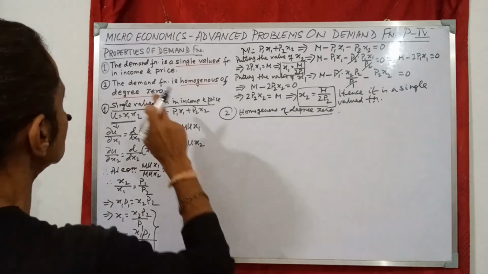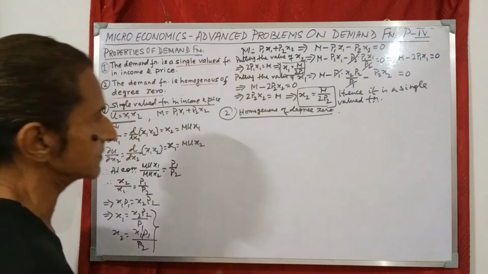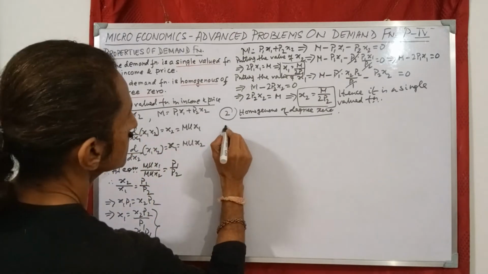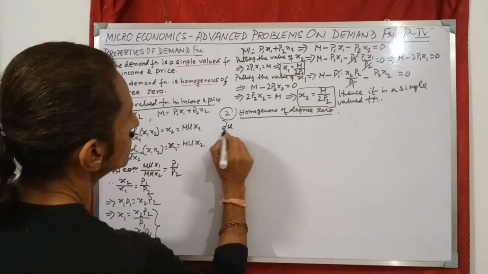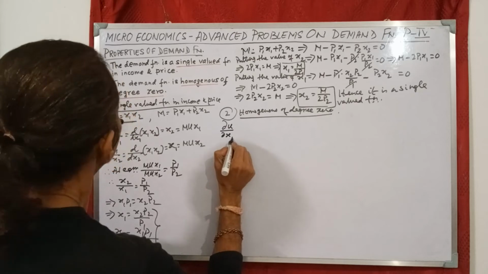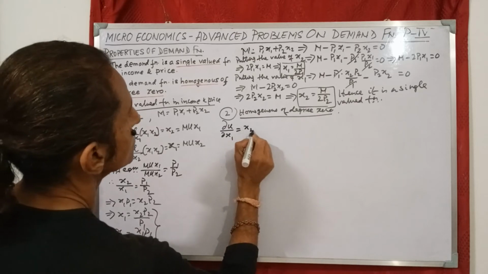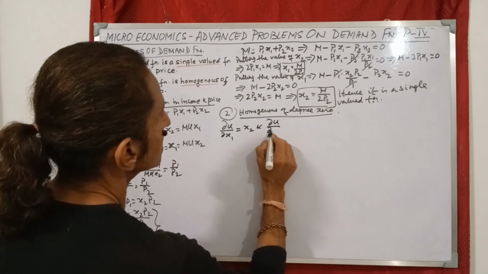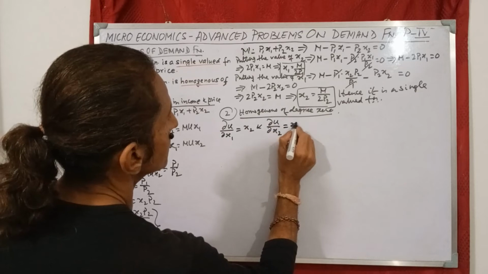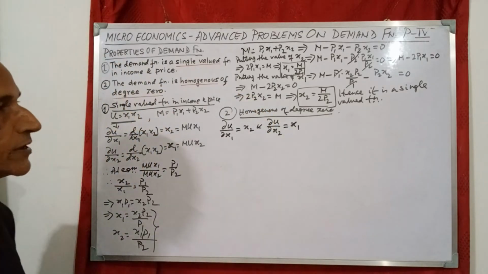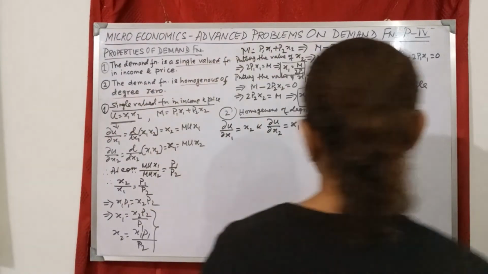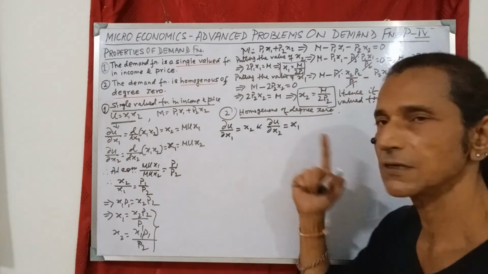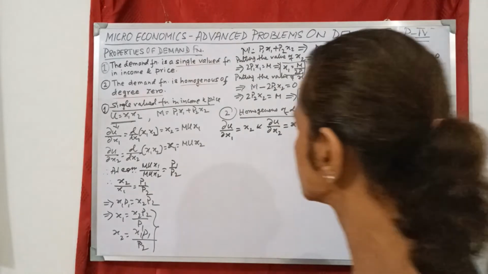We start with this utility function and this budget constraint. We know U equals x1 x2. Therefore, del U del x1 equals x2 and del U del x2 equals x1, right? This is marginal utility of x1 and this is marginal utility of x2.